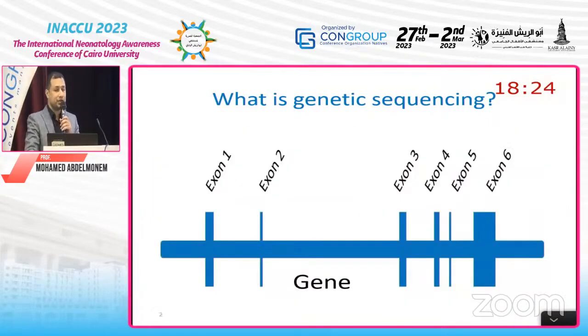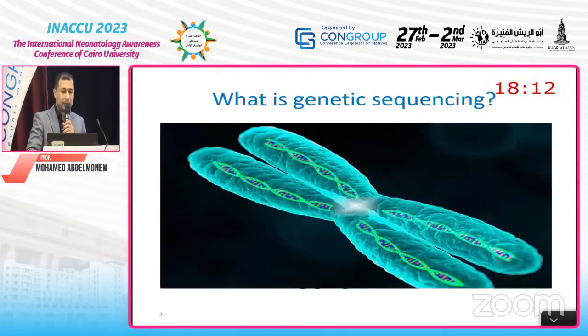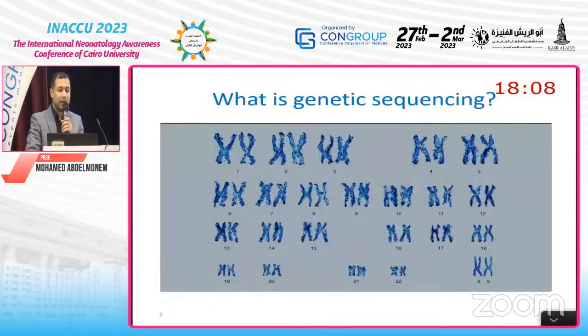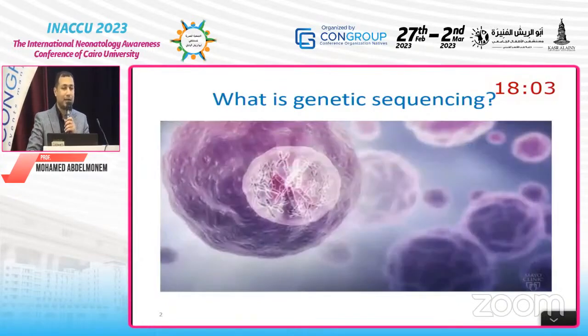Each gene has multiple exons and multiple introns. The exons are the coding part that codes for proteins, and the introns are usually the silent parts. They do not code for proteins. Thousands of genes form a chromosome, and 23 pairs of chromosomes form our DNA, our genome inside the nucleus of our cell.